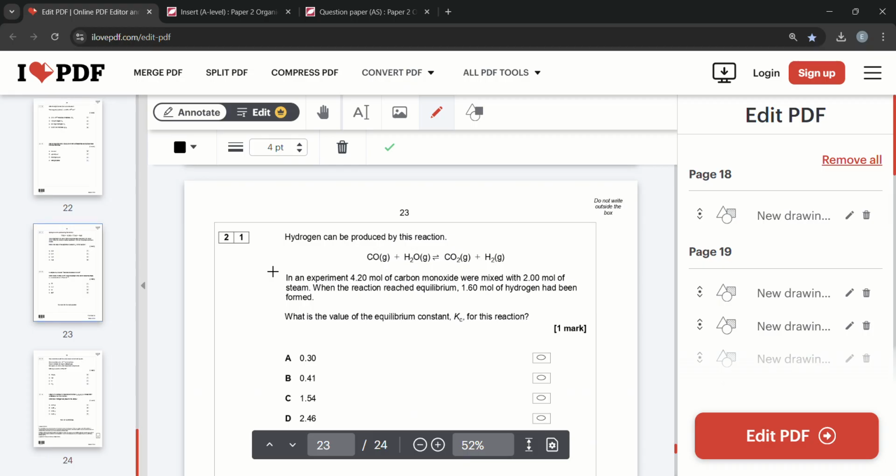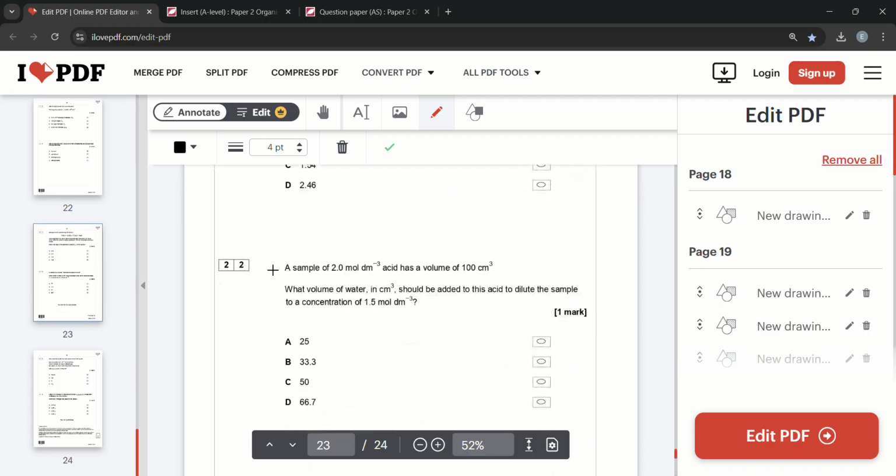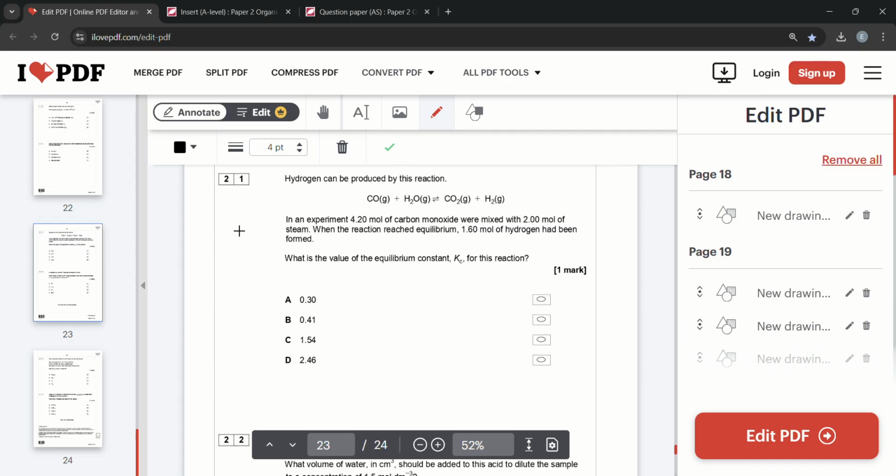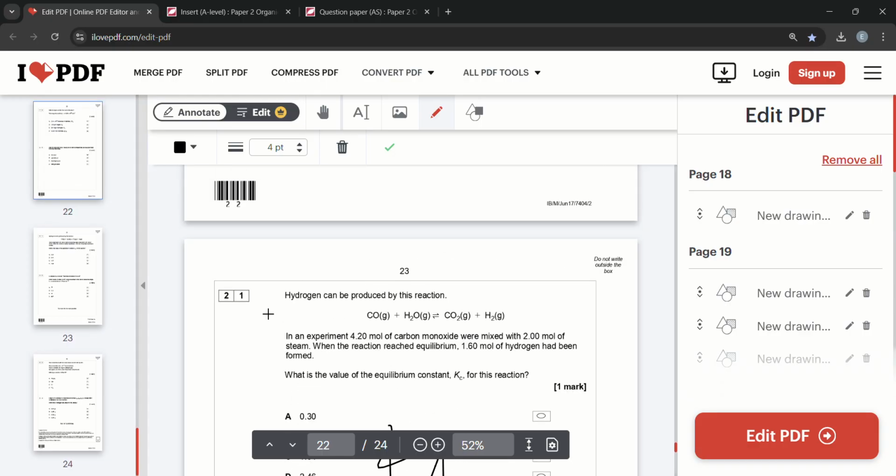Hydrogen can be produced by reaction. What's the value of equilibrium constant Kc for this reaction? Okay, this should not be worth 1 mark, at least 2. But obviously, all of these questions are worth 1 mark.